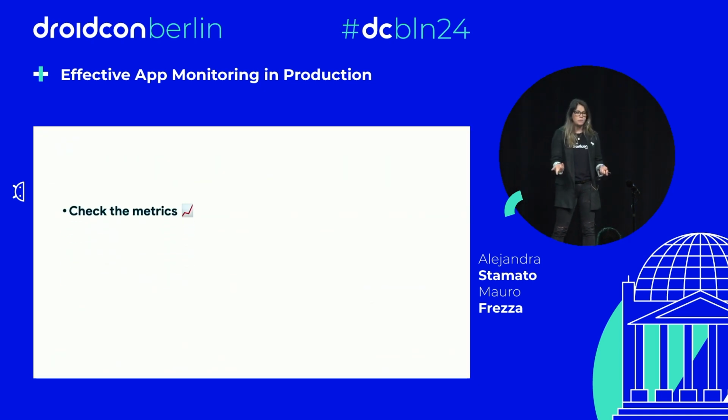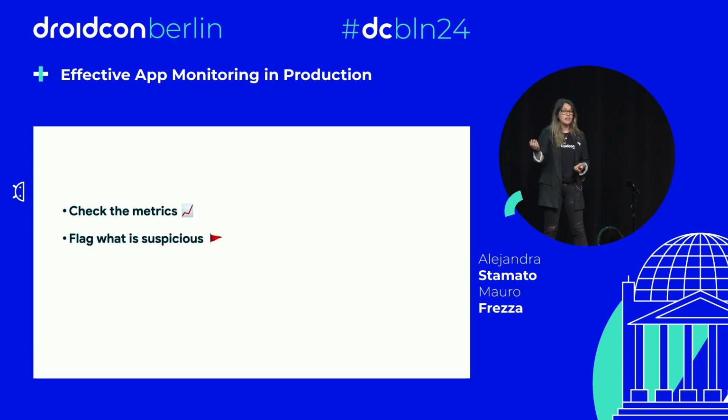The first one would be to actually check the metrics, to take a look and reserve some time each day to open these dashboards and analyze if everything is going right. And if everything is not going right, it's their responsibility to flag what is suspicious, and it can happen in multiple instances. If it is something that just may require someone else to take a look, it could be in our communication channels for the team.